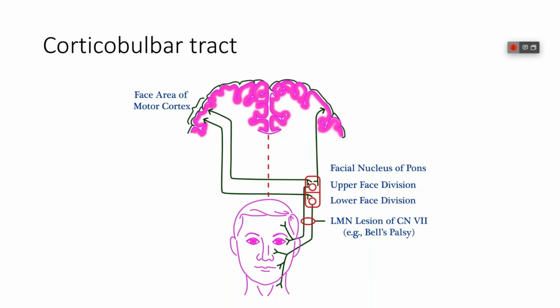So it's really, really fast. It's really important that you recognize the stroke because not only does time mean brain, but there is also a very limited window in which you can give the treatment for ischemic stroke, which in most cases is TPA, or at least traditionally TPA. So it's very important to recognize this as soon as possible.